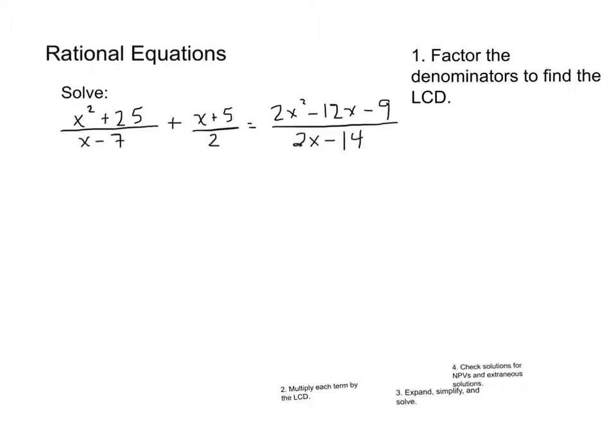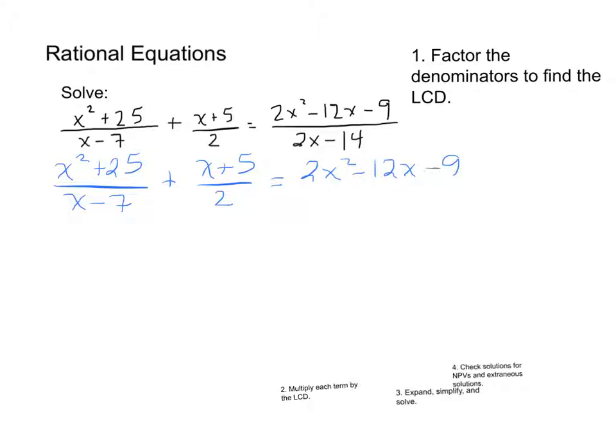Let's do that factoring. I'll leave this the same, x squared plus 25 over x minus 7, because I don't have to factor that, plus x plus 5 over 2, because that also can't be factored. But the last one I think I can factor. All I can do here is factor out a 2.